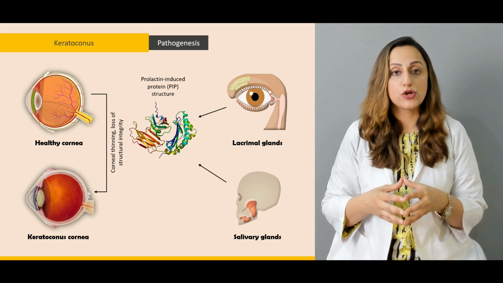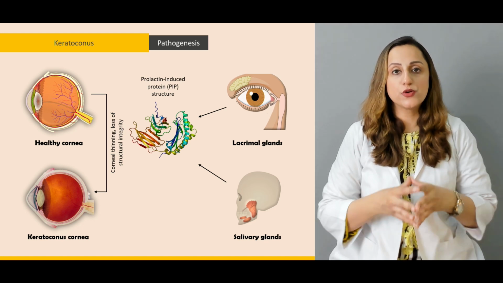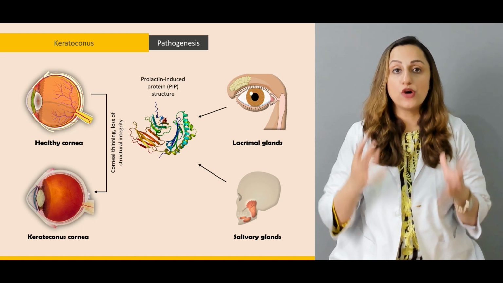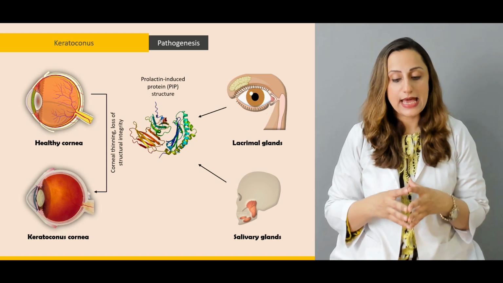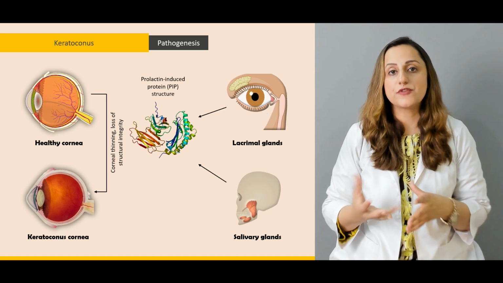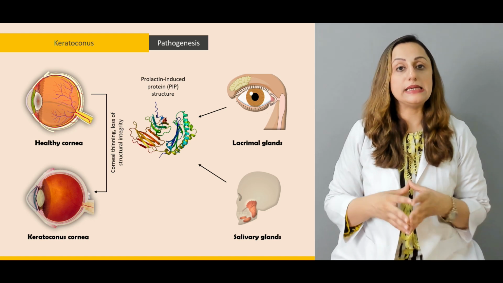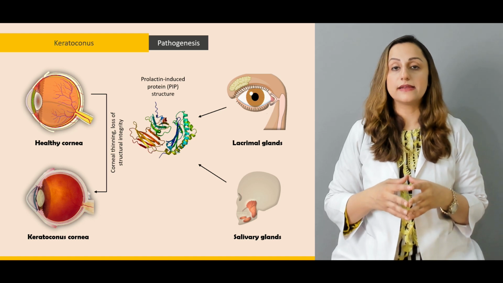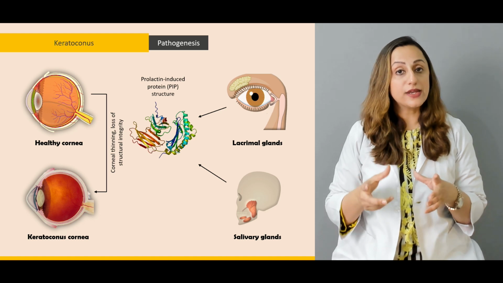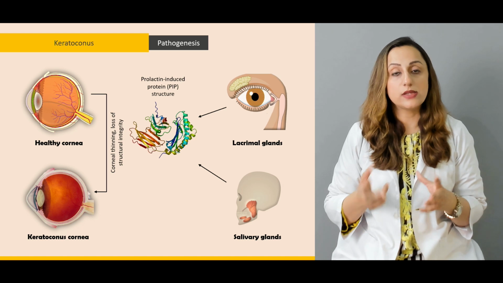Again, it's very important that you look for the features. For instance, you're going to look for a Fleischer's ring, you're going to look for any Vogt's striae that you can observe in these patients, as well as on retinoscopy, you're going to look for the earliest signs of the scissor reflex specifically. Now, what we basically mean by the scissor reflex is the typical positioning of the shadows when we perform retinoscopy on the individual.